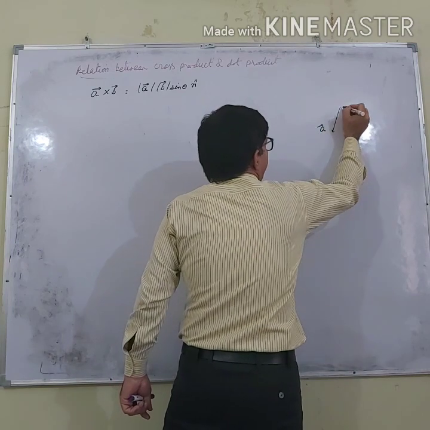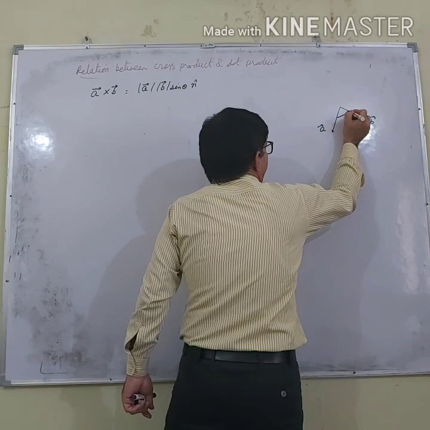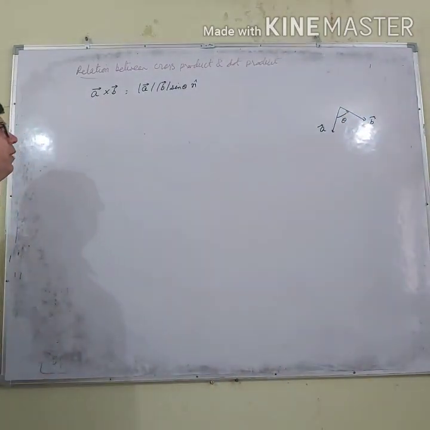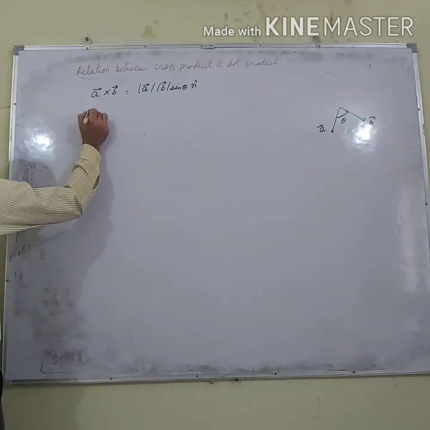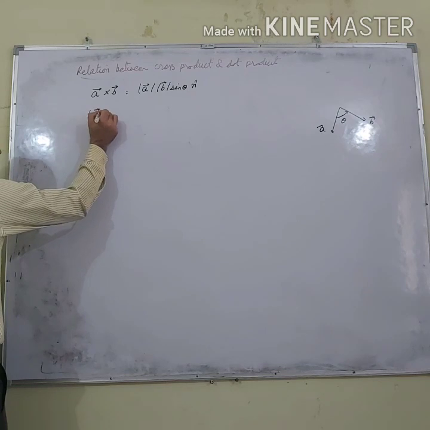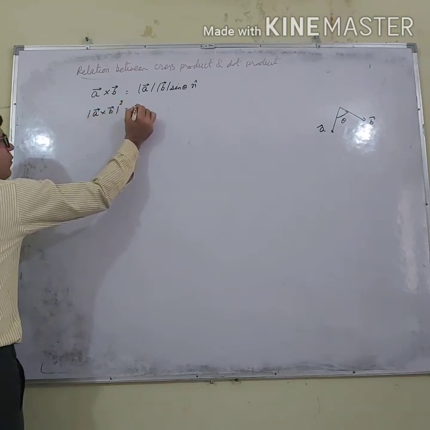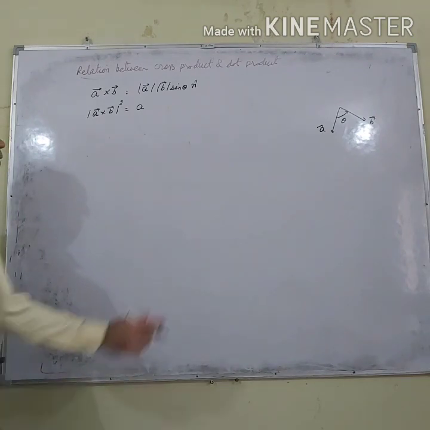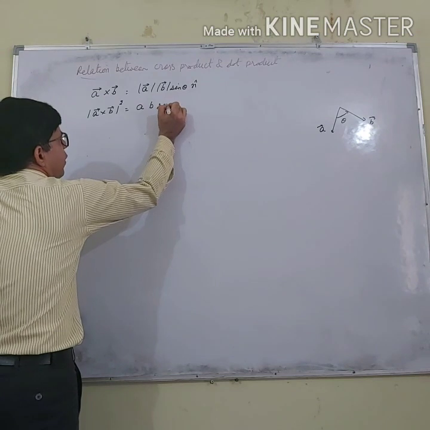This is vector A and this is vector B, and this angle is theta between them. Now if I ask for the magnitude of A cross B, it is the magnitude of A multiplied by the magnitude of B, sine of theta.